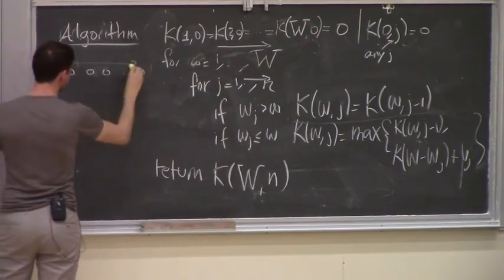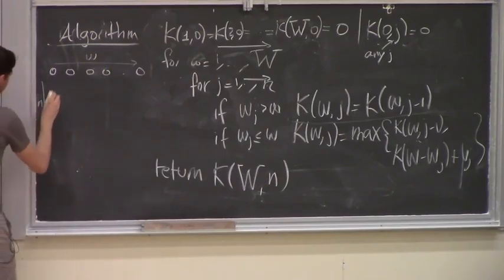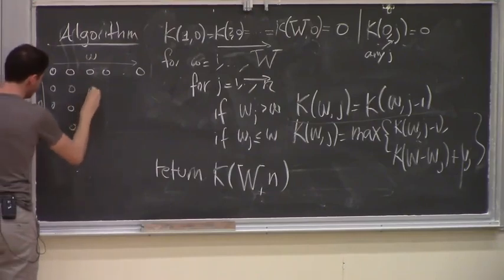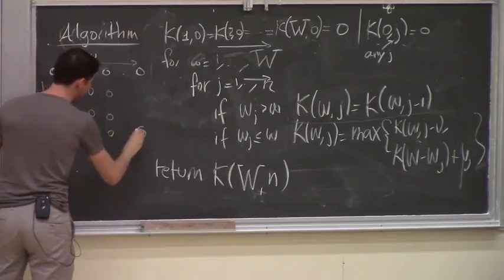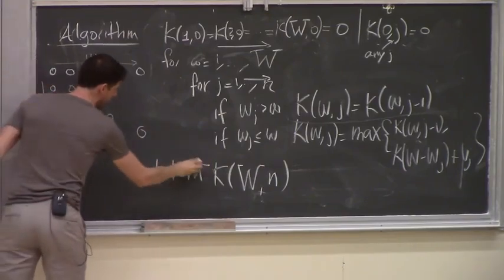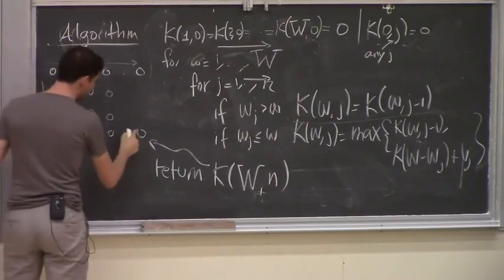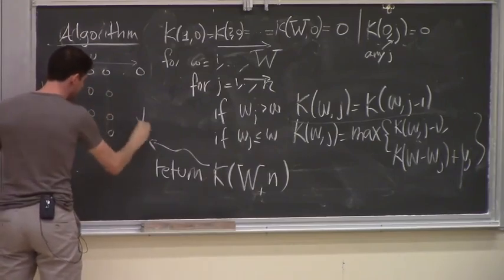So here there are the w problems, and here are the n problems, OK? And this grid is a DAG, where the nodes are the subproblems, and what we want is this bottom right answer, OK? And each of these values depends on previous things, OK?